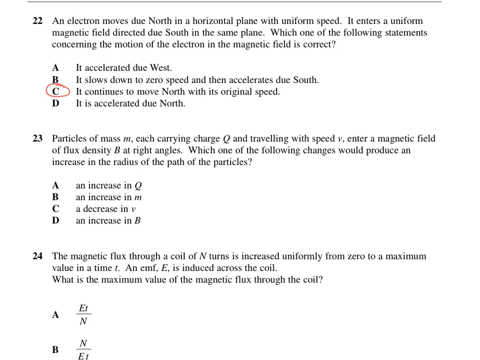Particles of mass m, each carrying a charge q, traveling with speed v, enter a magnetic field of flux density B at right angles. Which one of the following changes would produce an increase in the radius of the path of the particle? So we want to increase the radius, so we're going to be in circular motion.